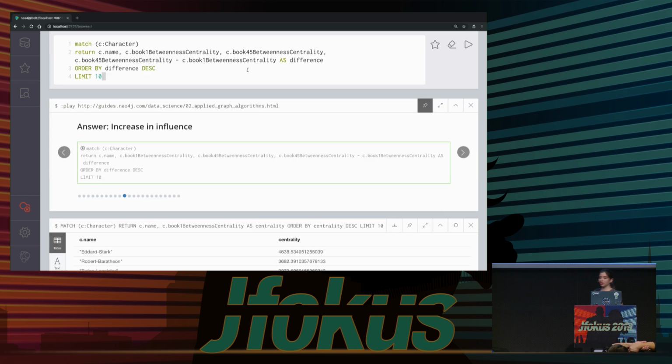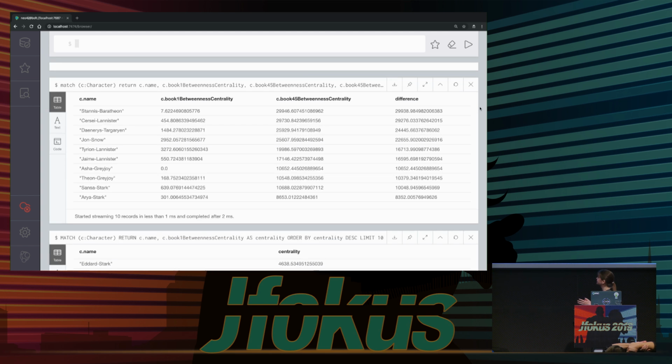We'll pull everybody's betweenness centrality, pull book 4-5 betweenness centrality, their centrality at the end of the series, and then subtract book 1 from book 4-5 centrality numbers, call that difference, and then order by the differences and pull the top 10 of those out too. So throughout the entire series, who were the most that grew in centrality throughout the books?